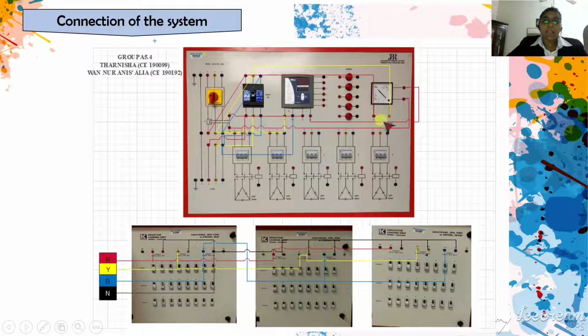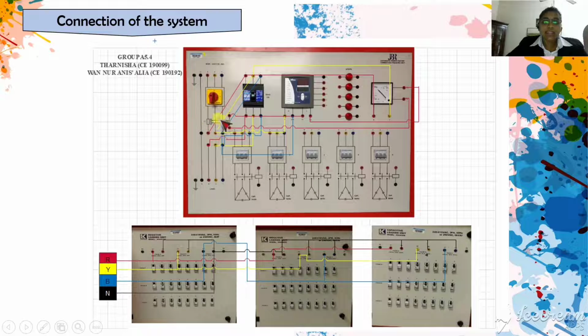Next, from the S1 at the main supply is connected to the S1 of the digital measurement unit, and from there S2 is connected to the S1 of the analog measurement unit. Then S2 from the main supply is connected to the S2 of the analog measurement unit.